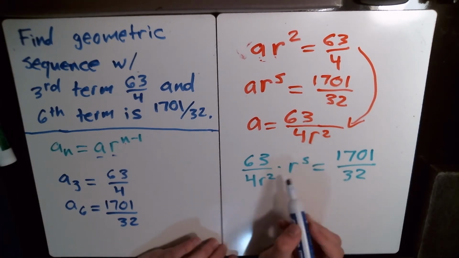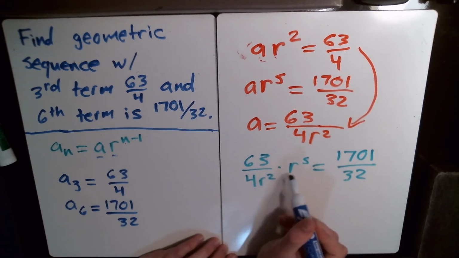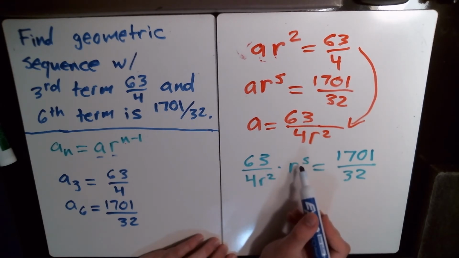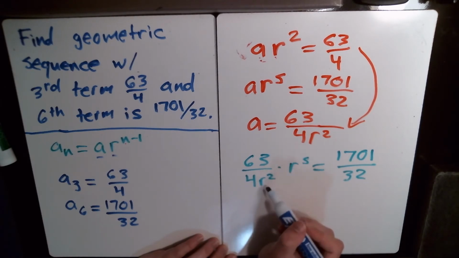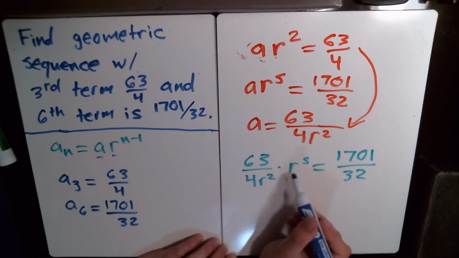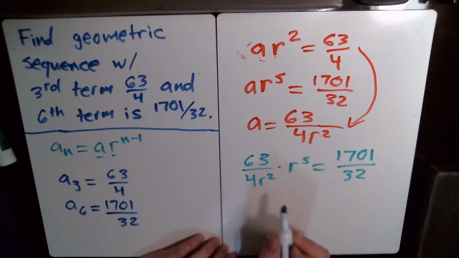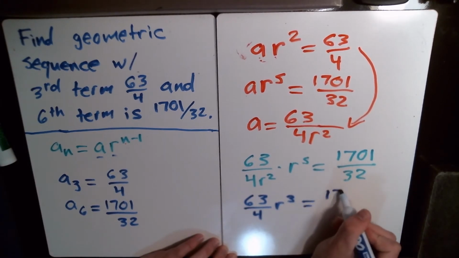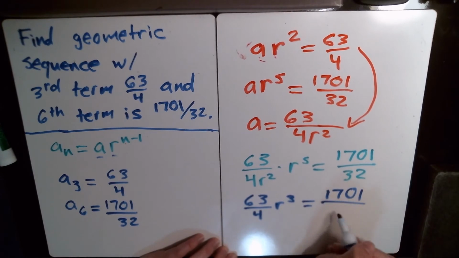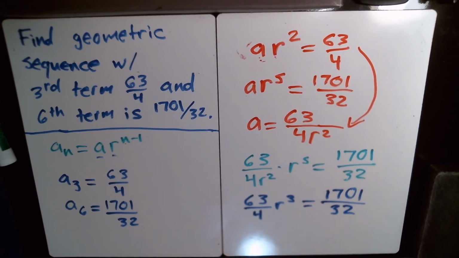We've got this r squared and this r to the fifth here. Those are on opposite ends of the fraction, so they're going to cancel, and you'll be left with an r cubed. So in other words, you get 63 over 4 times r cubed equal to 1701 divided by 32. Okay.